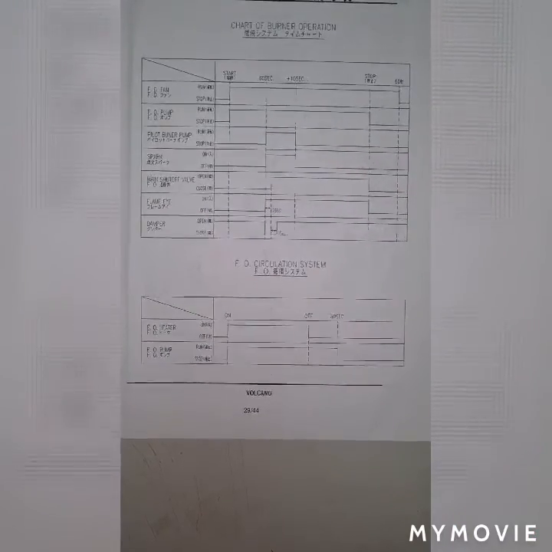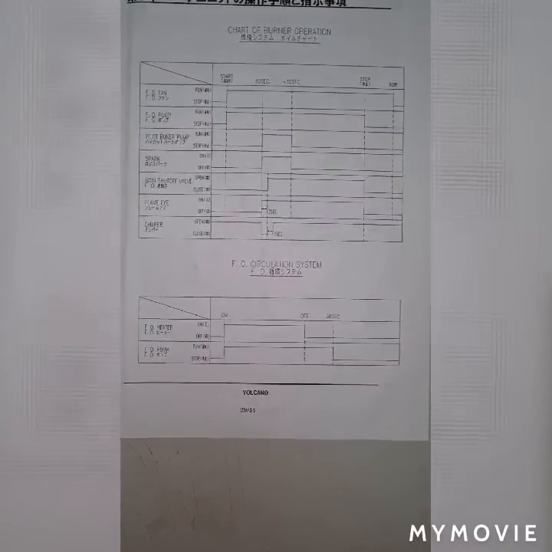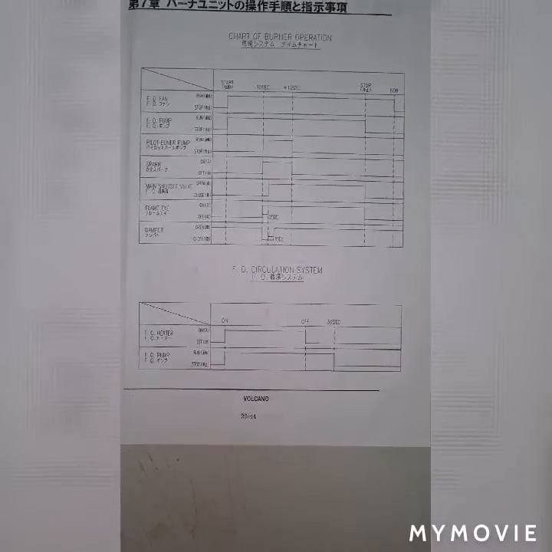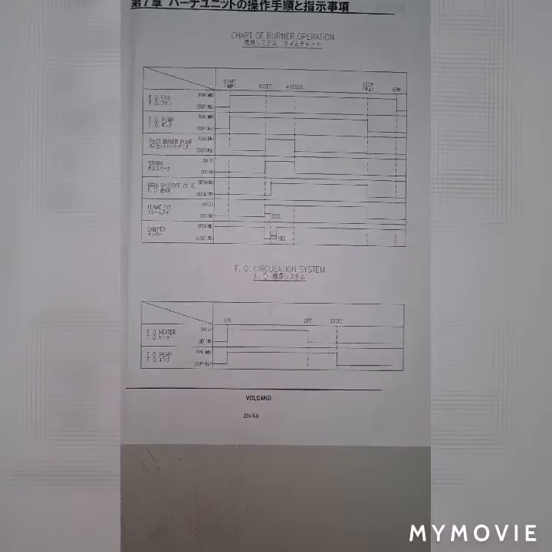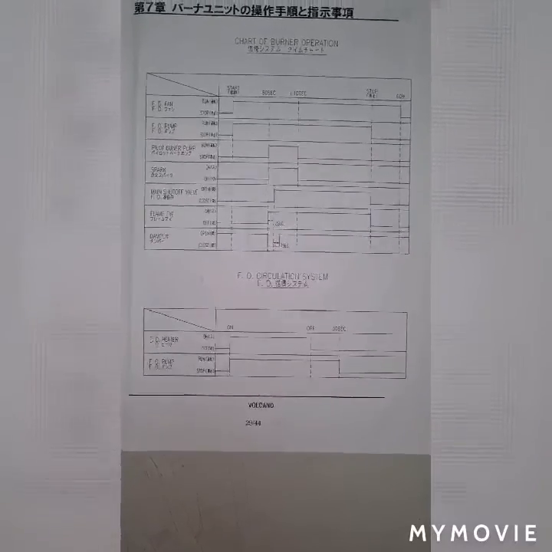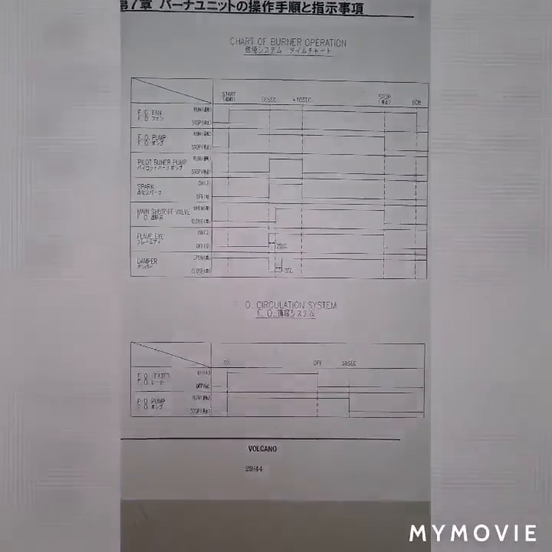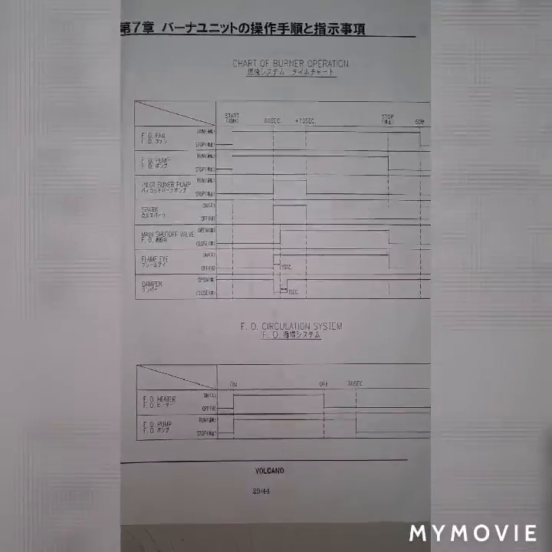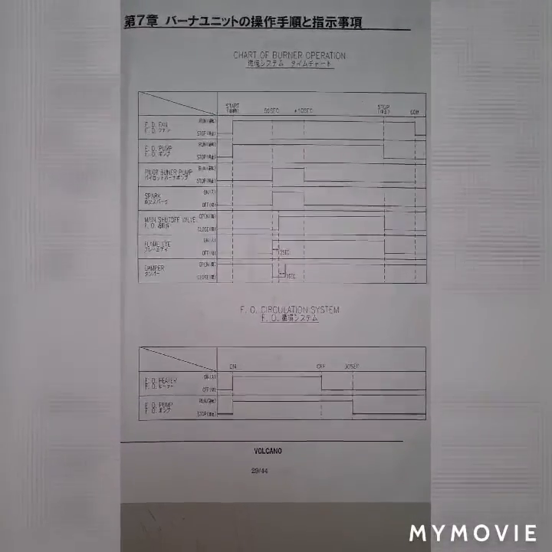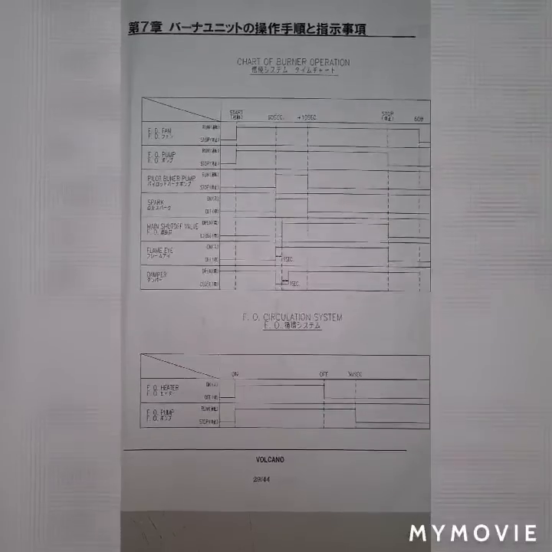Okay guys, for you to further understand how my boiler or the burner is operated, I'm going to discuss with you the chart burner operations and the fuel oil circulation systems.